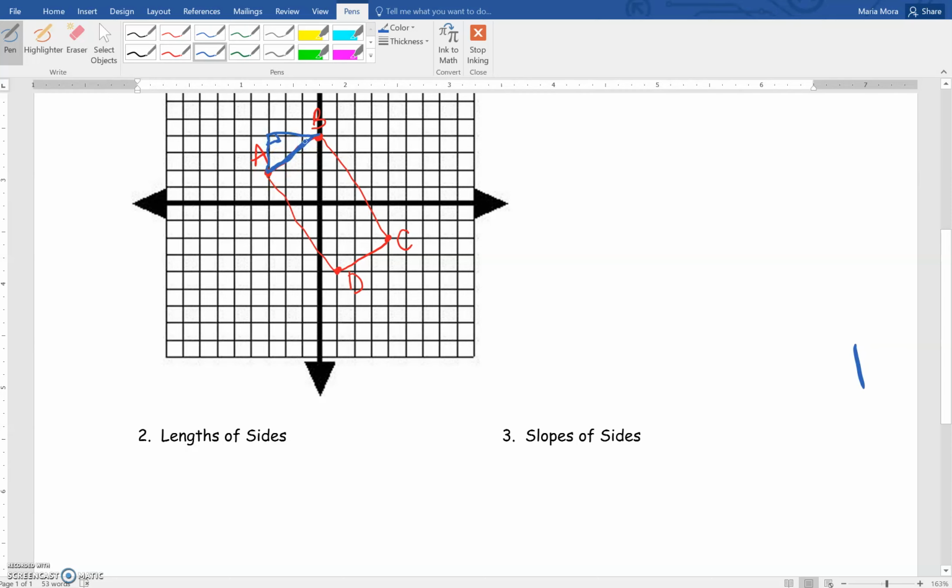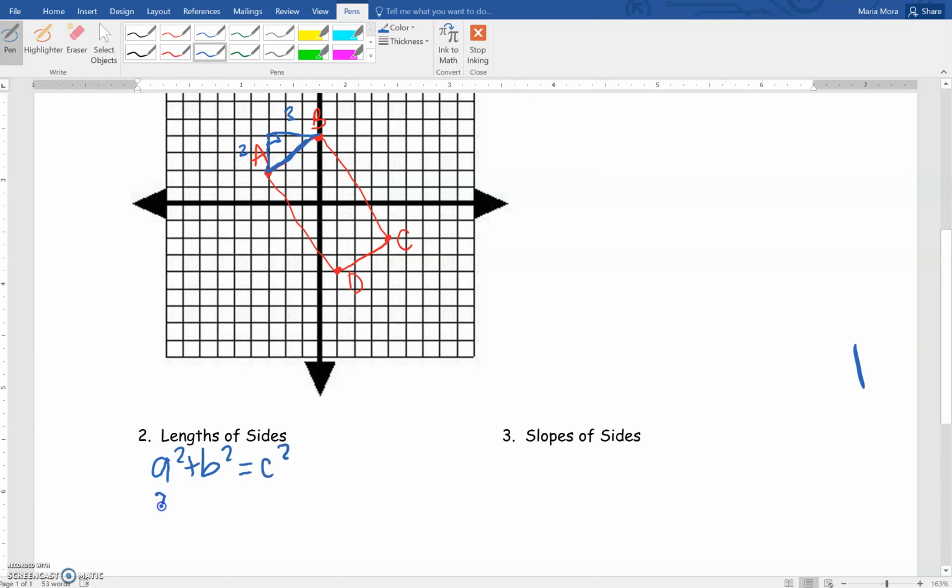So I'm going to find the lengths of the legs. So in this case, this measures 3 and this is 2. So in order to find the hypotenuse, I can use Pythagorean theorem since I know the two legs. So I'm going to use a squared plus b squared equals c squared.